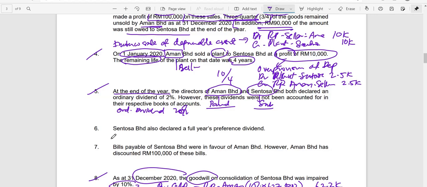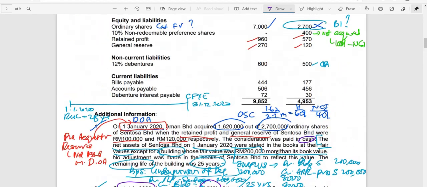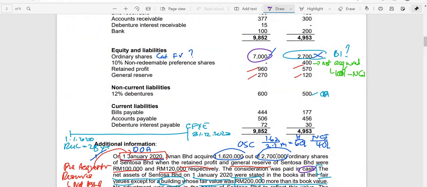2%, yeah. So 2% for parent, 2% for the subsidiary. And for your information, since the parent company acquired the subsidiary, there will be some portion that will have to be shared by the parent in the subsidiary's dividend. So let us look at the ordinary dividend by the parent first. It will be 2% times the number of shares. It's not the case, but this should be this 7 million.